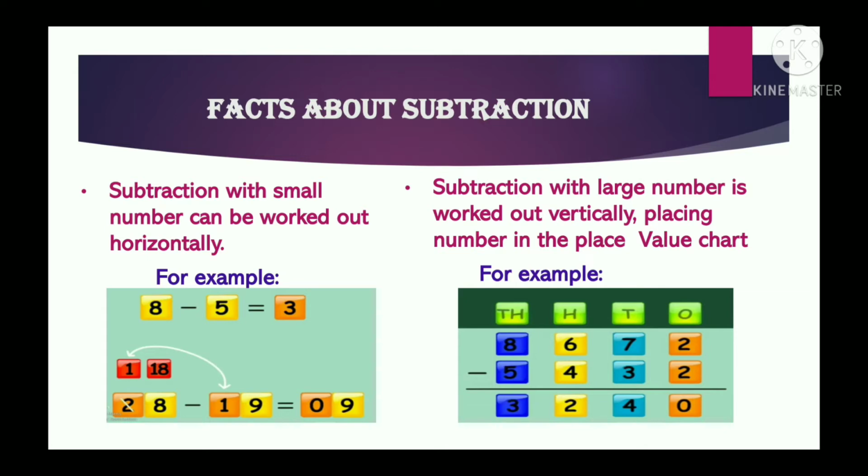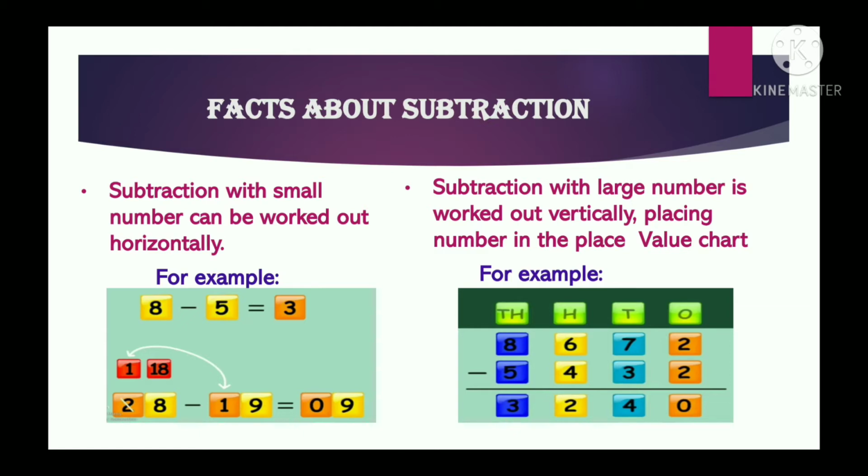First is subtraction with small number can be worked out horizontally. For example, 8 minus 5 we can subtract horizontally and we get 3. Similarly, if we do the subtraction with borrowing, that also we can do for 2-digit numbers.